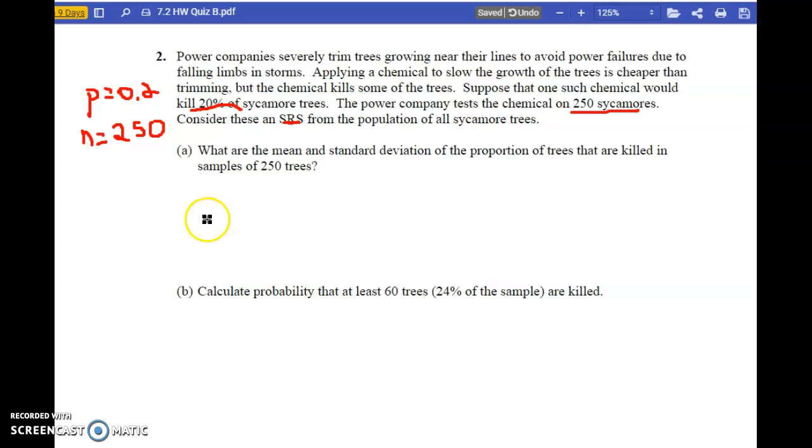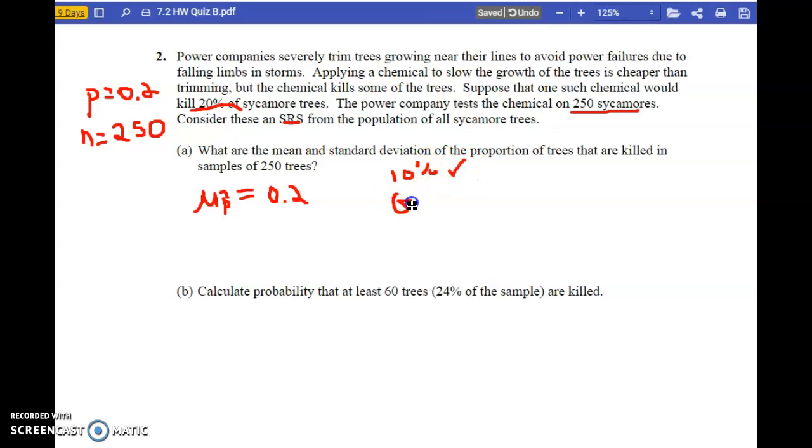What are the mean and standard deviation of the proportion of trees that are killed in a sample of 250 trees? So the mean of my p hats is the same as the population P, and here that was 0.2. The standard deviation, I've got to check the 10% condition. I would say 250 sycamores is less than 10% of all sycamores. You have to write that, but I'm writing with my fingers, so I'm just going to put a check.